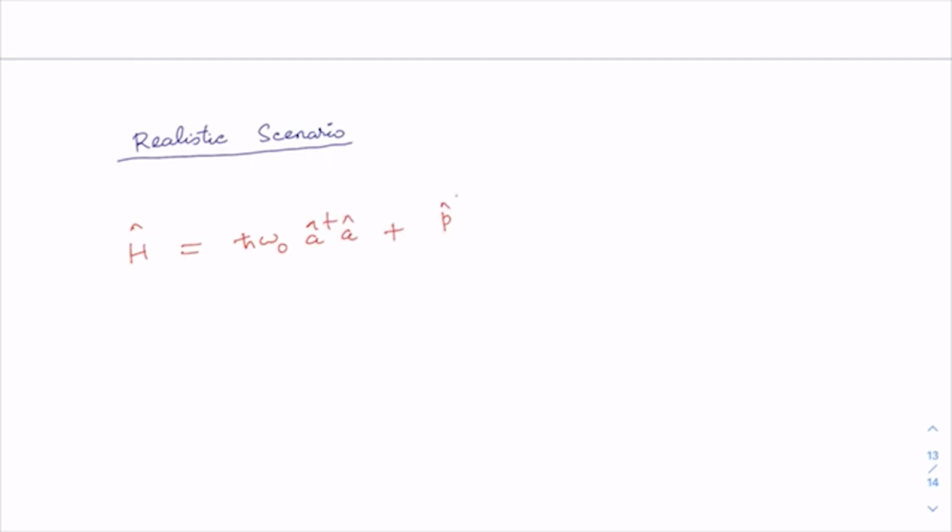Then we have the mechanical oscillator p square by twice m plus half m omega m square q square, and then the optomechanical interaction term is taken into account by this particular term, minus h cross Z0 a dagger a q, the coordinate of the mechanical oscillator.